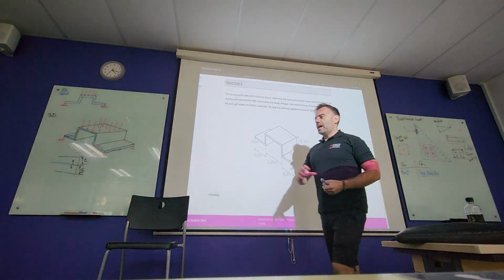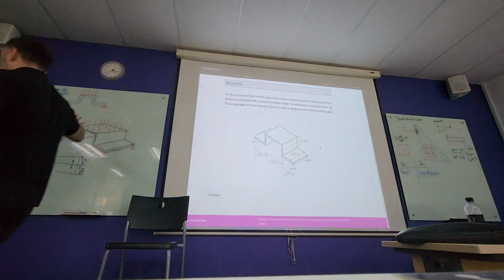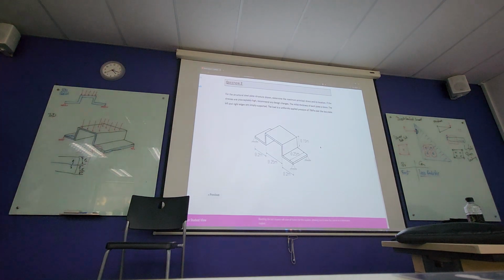What do you think? How can we change this structure so that it is no longer possible to model it as a shell? What change should we make to this structure? We said we are forced to model it as 3D; we can't use a shell. If that thing is not hollow in the middle, if it's a block.